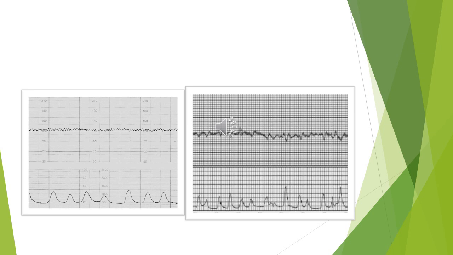But on your right hand side, although it looks a bit similar, as you can see, there's some sort of change in the baseline in these oscillations in the form of a bit of acceleration, and then it follows the same amplitude also. So we call it pseudosinusoidal, and it's usually transient and usually improves once the causing factor is off, like the pethidine or the narcotic trigger.